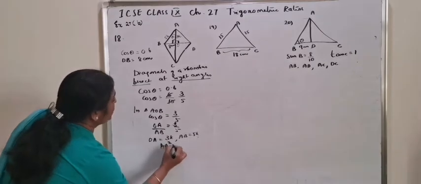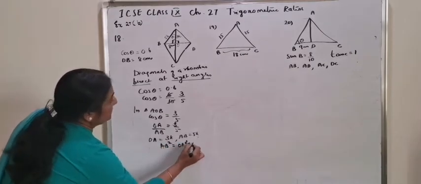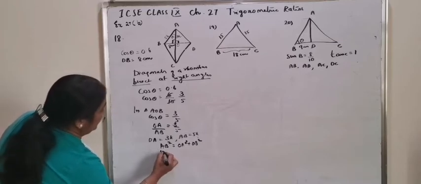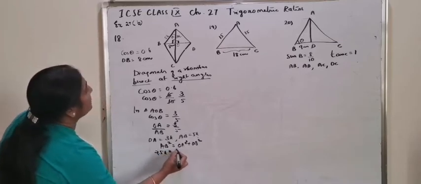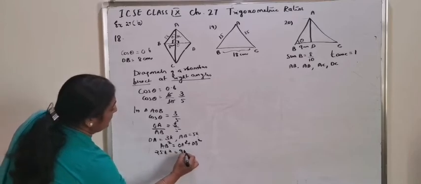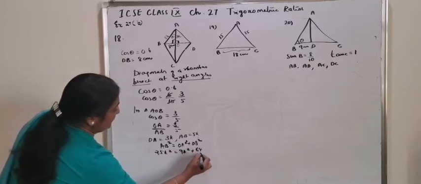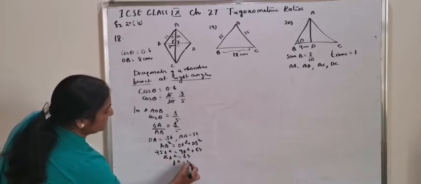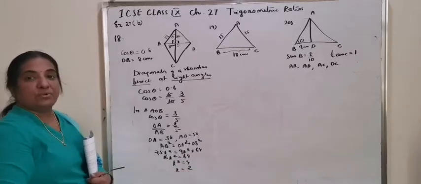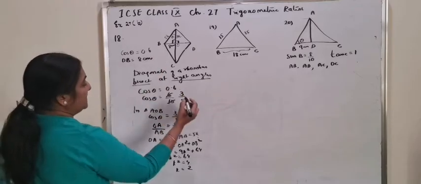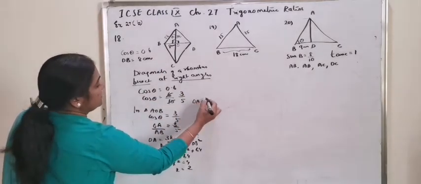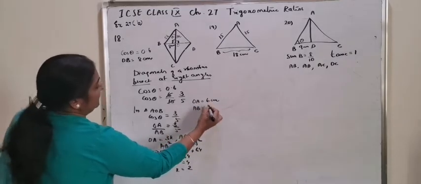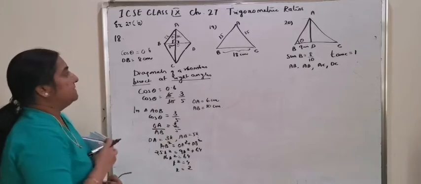AB square is equal to OA square plus OB square, or 25K square is equal to 9K square plus 64, that is 16K square is equal to 64. K square is equal to 4, or K is equal to 2, which shows that OA length is 3 into 2, 6 centimeter. AB length is 5 into 2, 10 centimeter.